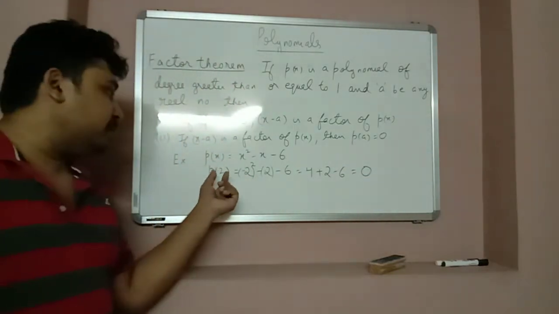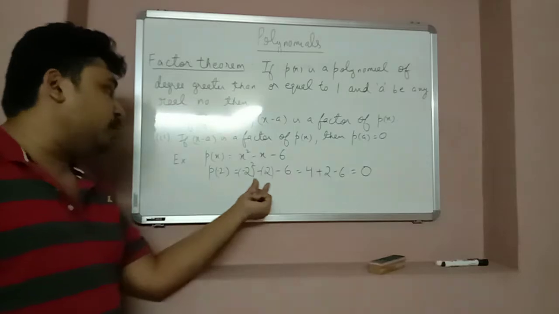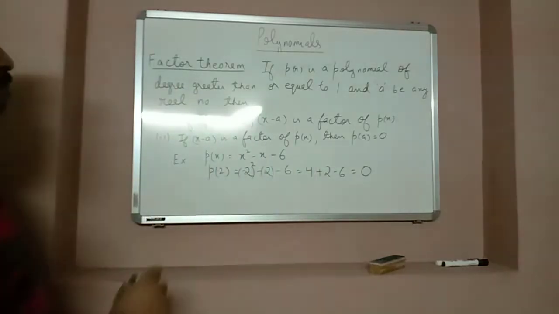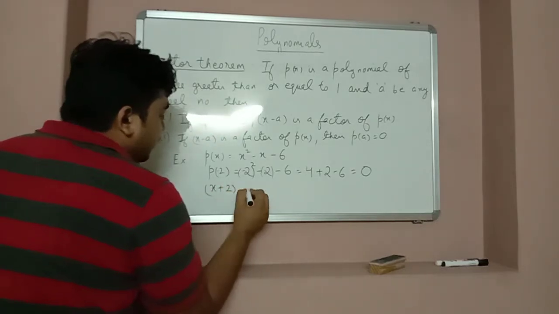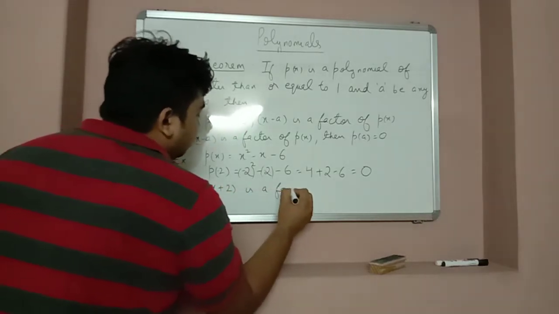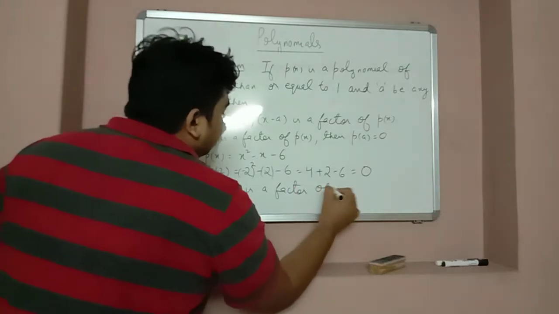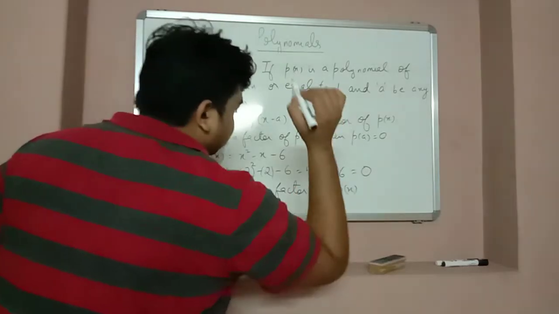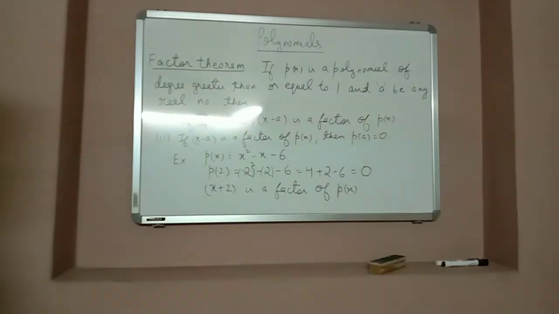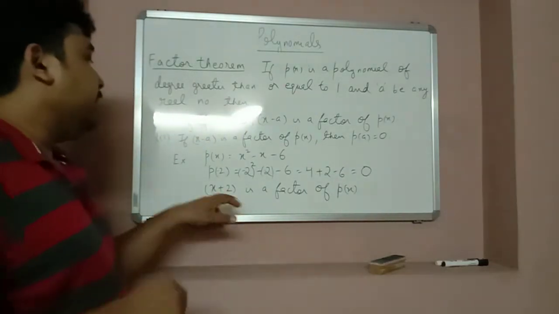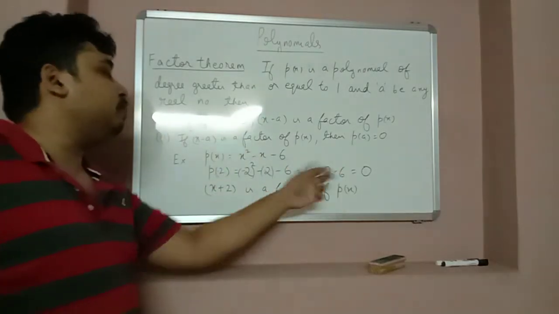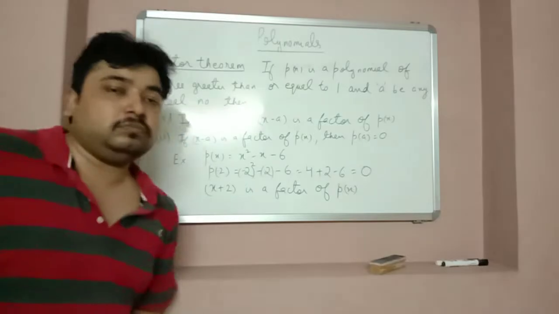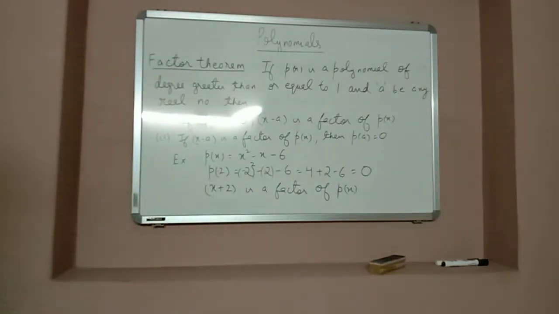So here I have a situation in which p of minus 2 is equal to 0. This will imply from the first statement that x plus 2 is a factor of p of x. Conversely, if I say that x plus 2 divides x square minus x minus 6, then definitely p of minus 2 will be equal to 0. You may note down the content by pausing the video.